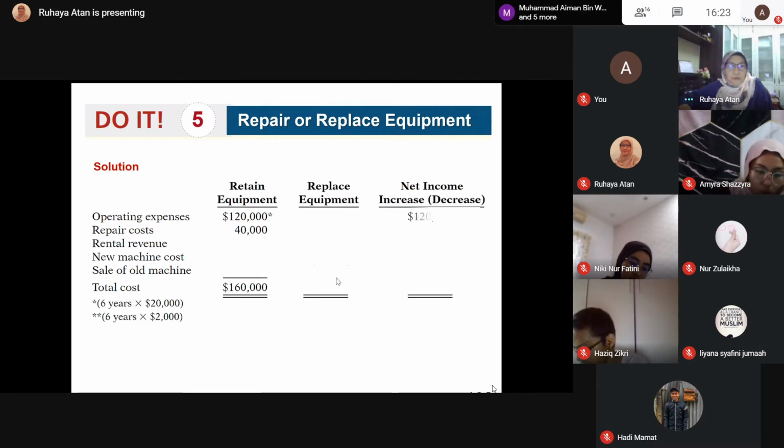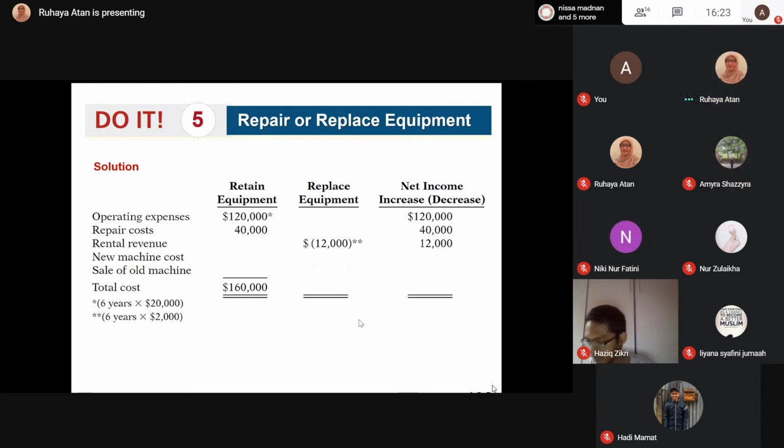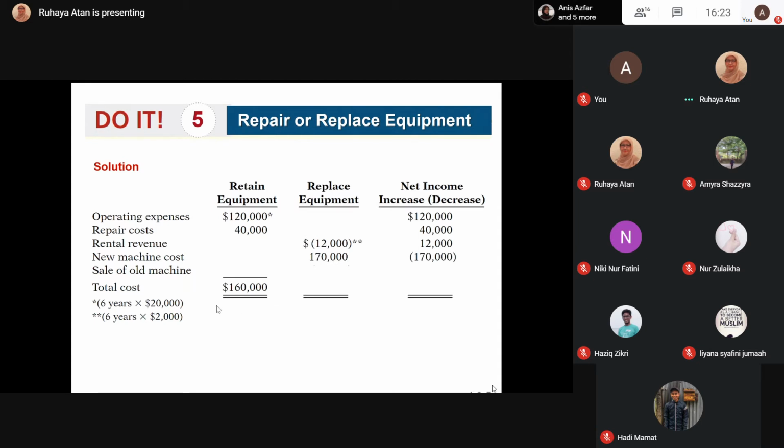So the operating expense if you were to retain the equipment, the repair cost, how about the rental revenue, the sale of the old machine.